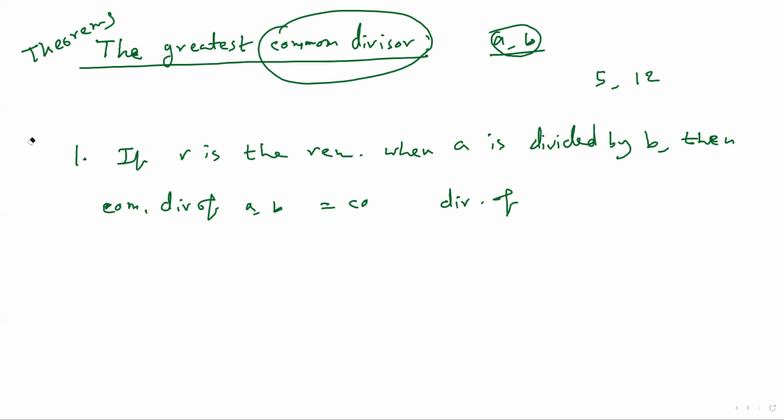So the common divisors of A and B and the common divisors of B and R are exactly the same.